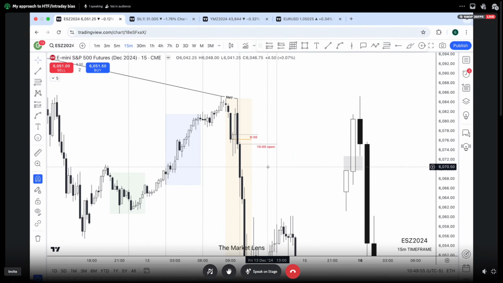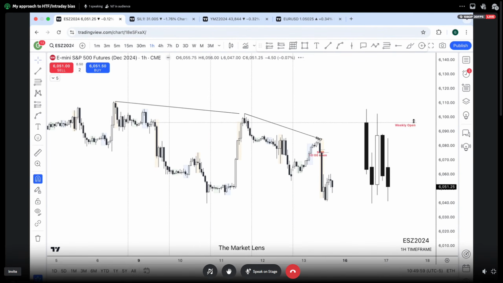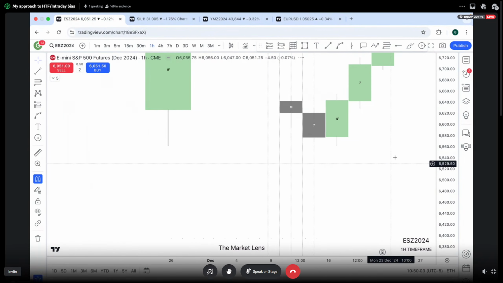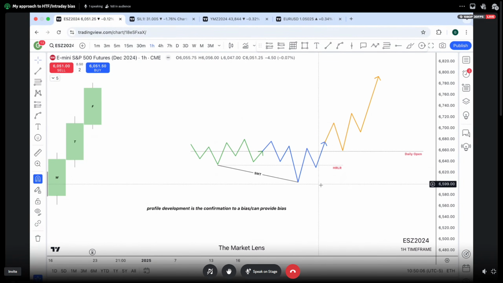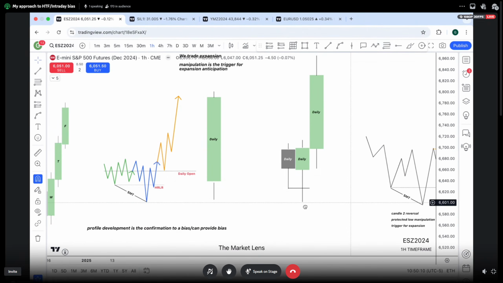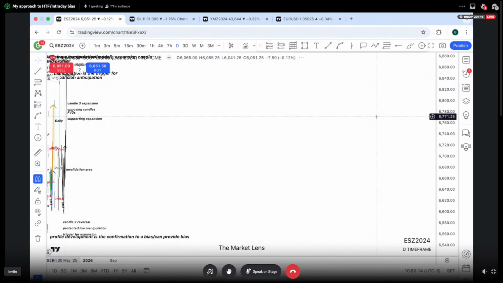But like I said, if we go back to this drawing up here, this is fractal. I gotta go on the daily time frame.